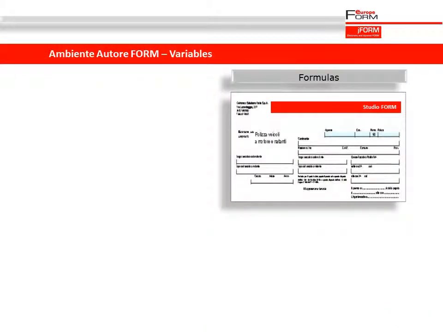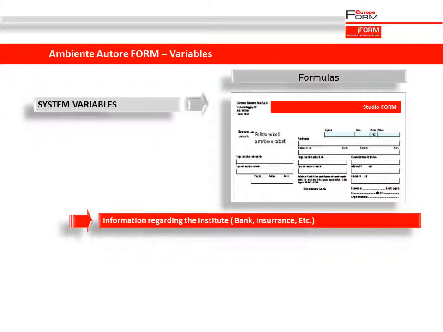Variables are data representing the content of the document that will be valued during the operating process. There are different types of variables. System variables, which include information that identifies the company such as logos and address.